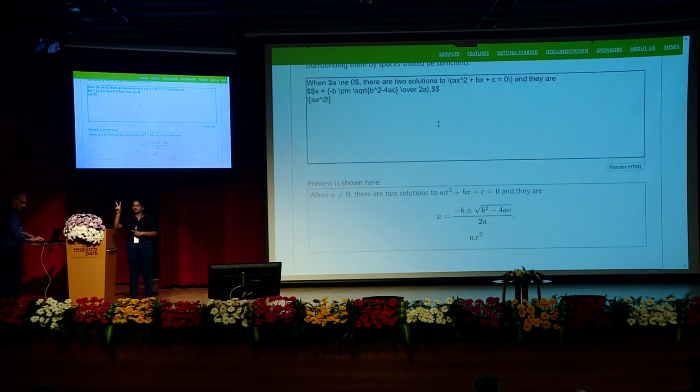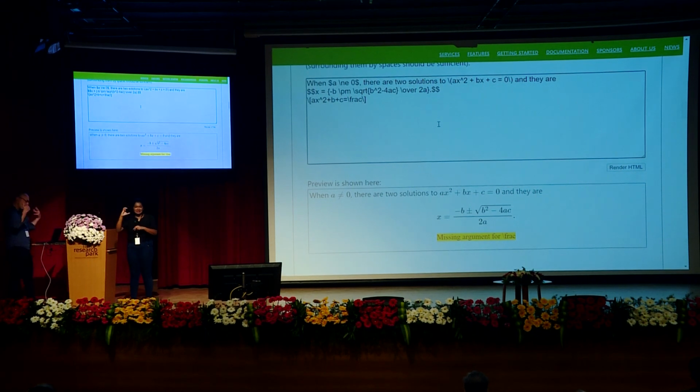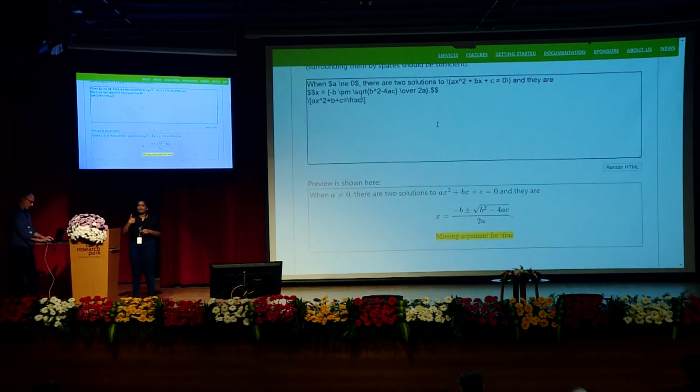Here you go, there it is, plus b plus c equals, I don't know. Let's start with something which initially will be wrong, a fraction, right? For those of you who can't see it, it now tells us there's a missing argument for our fraction, and then it gives us effectively an error which would be read out by the screen reader.